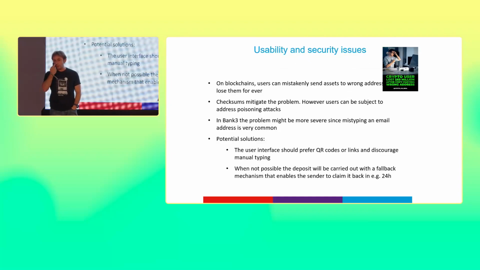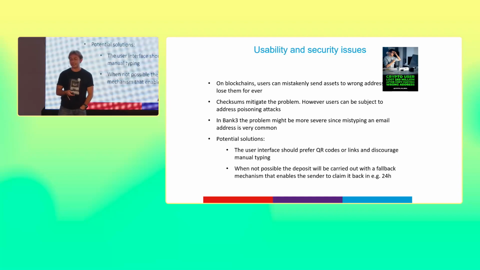So in this situation, there are some usability and security issues that become more severe, that are shared with most blockchains, because in blockchain, users can send assets to the wrong address if they mistype, and the asset can be lost forever. Checksums mitigate and solve the problem partially, but there are more sophisticated attacks like the address poisoning attack.